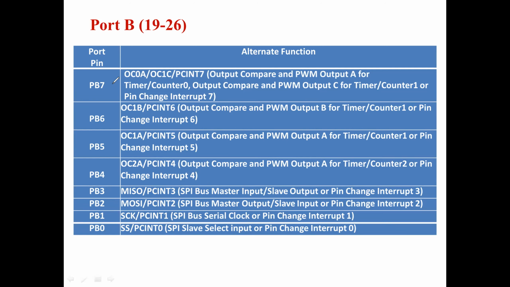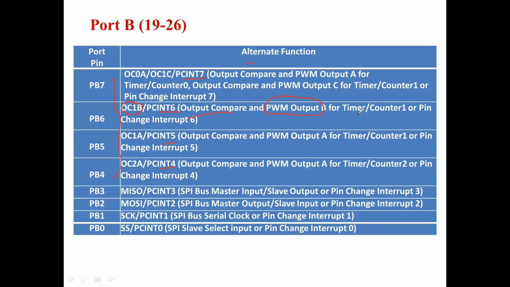And apart from this, in port B we have 4 more pins which act as an alternative function as interrupt pins. Also, the same pin you can use as a PWM output, that is output compare and PWM output for the timer.